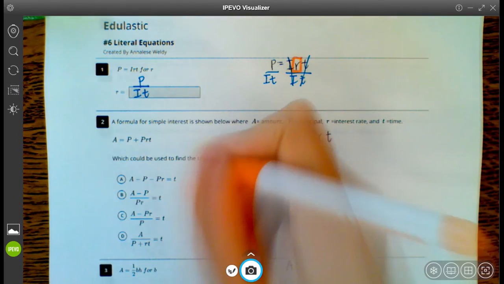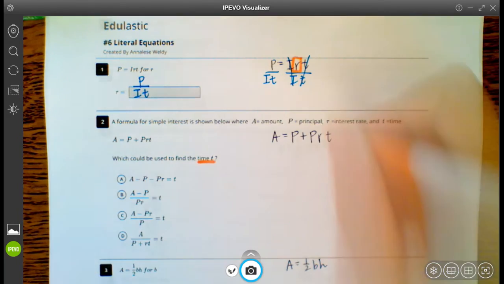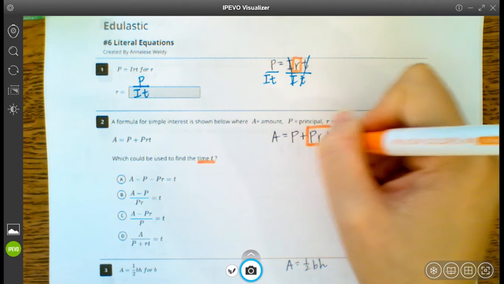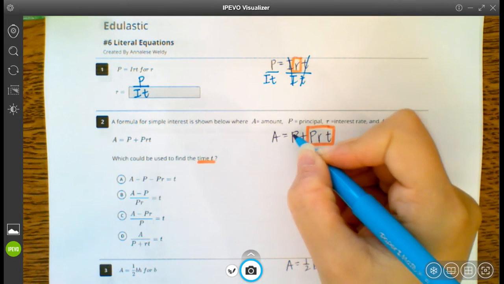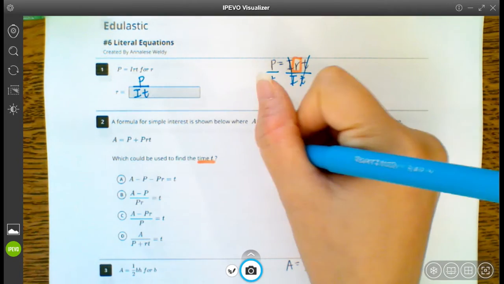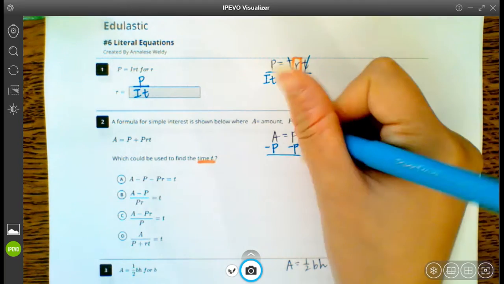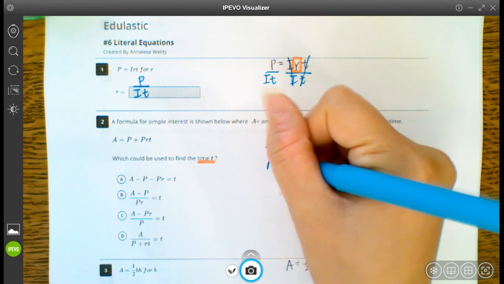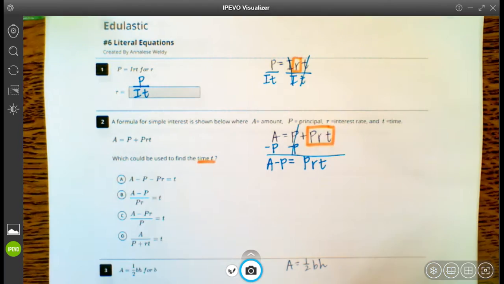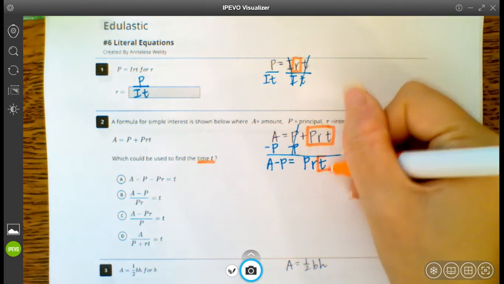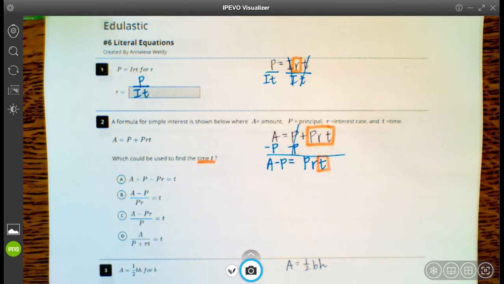Number 2, same strategy. We want to get T by itself. Now, T is attached to P and R. So in order to undo this, we first have to not add P, but subtract P away from both sides of our equal sign. So we have A minus P equals PRT. Now don't forget, T is who we are looking for to get alone.